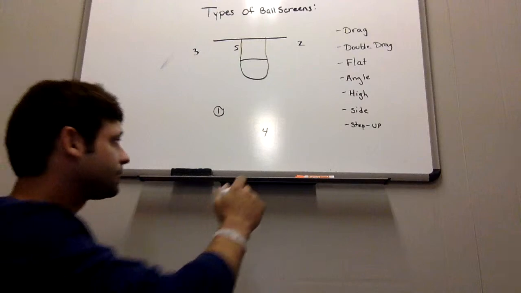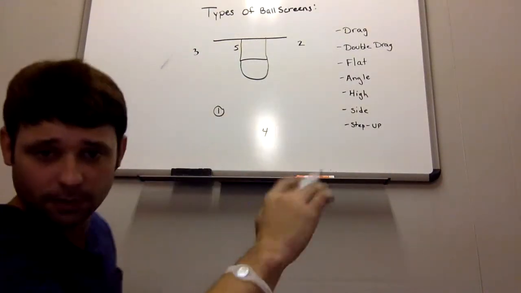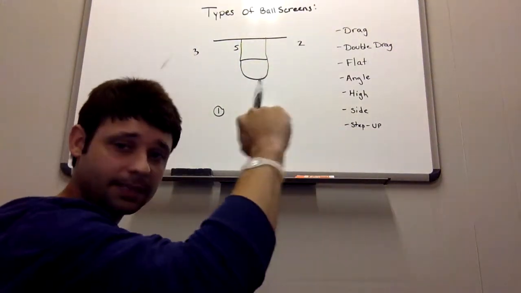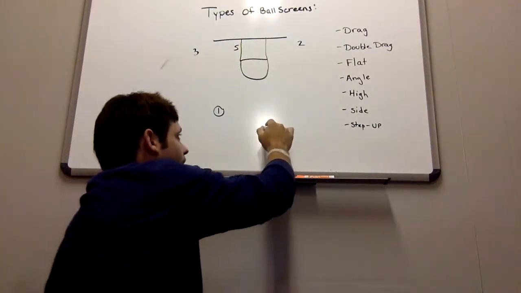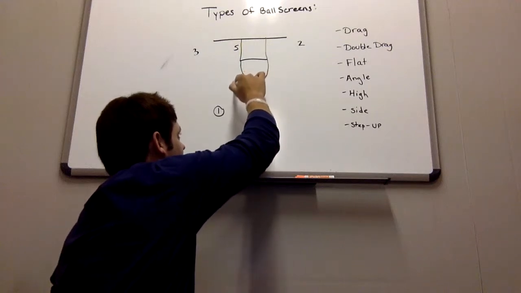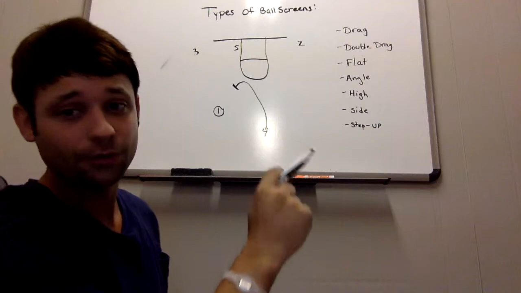The drag screen: he's going to be talking to the 4, and that's where they have to communicate. Even on offense, you have to communicate, guys, by symbol, by word of mouth, anything. So this guy's going to set this screen. Look at the angle right here. This allows your 1 to go downhill.